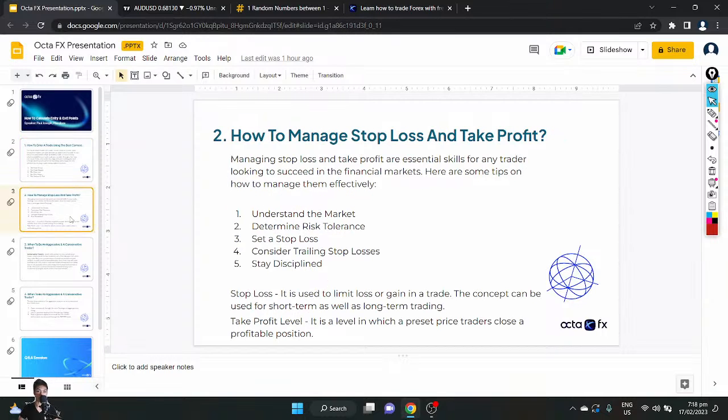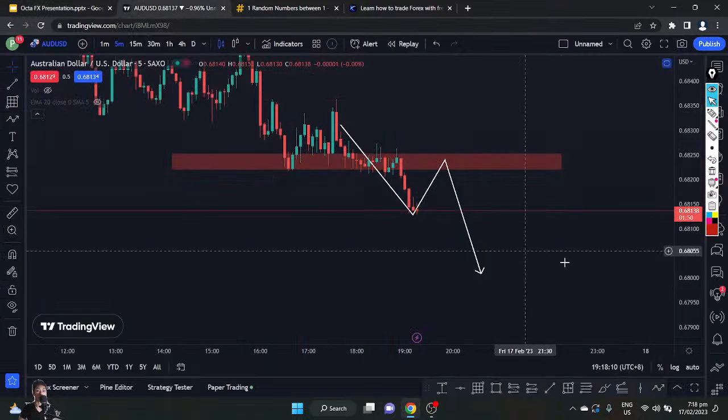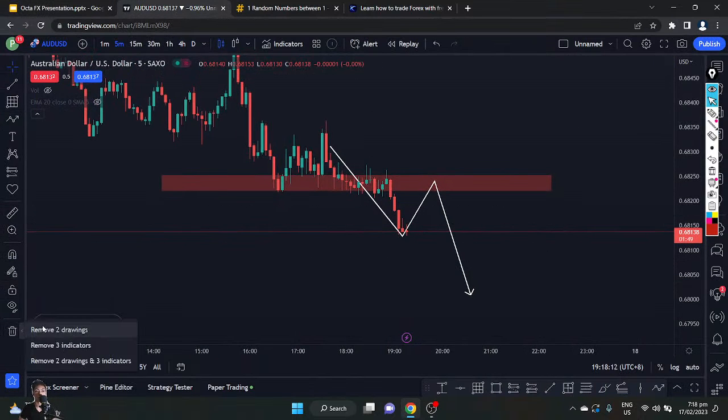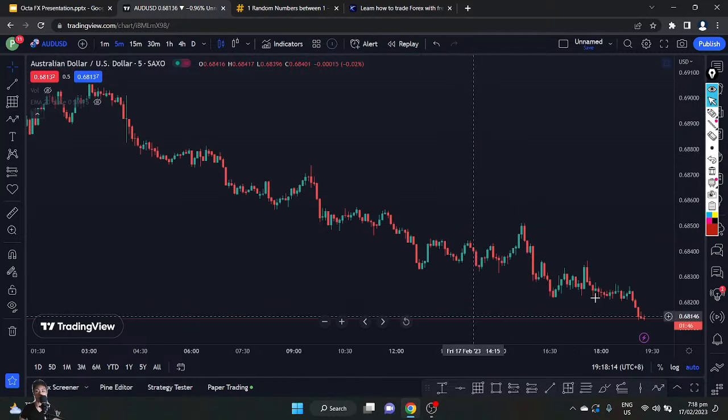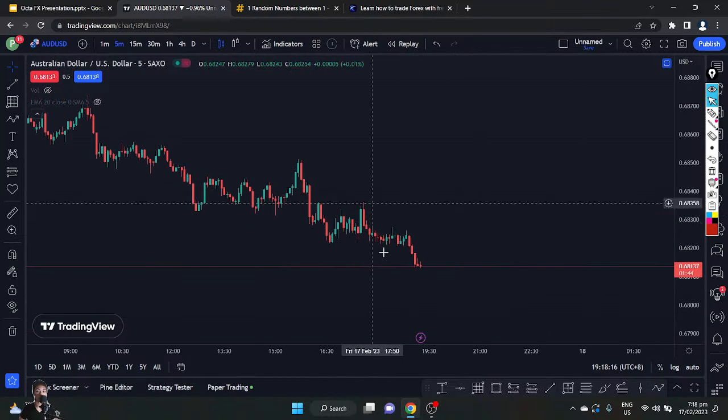Okay? So now the question is how to manage the stop loss and take profit level. It is a very, very important skill to learn for any trader looking to succeed in the financial markets, because if you are not putting a stop loss, then you might end up blowing your entire account, because the price is volatile, right? We all know that whether you trade stocks, crypto, or forex, the price could go against you.